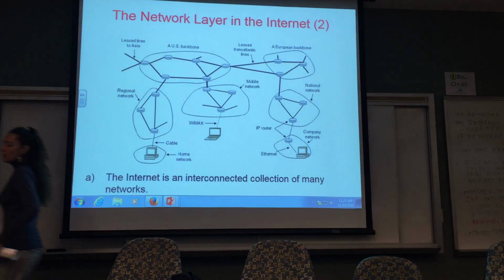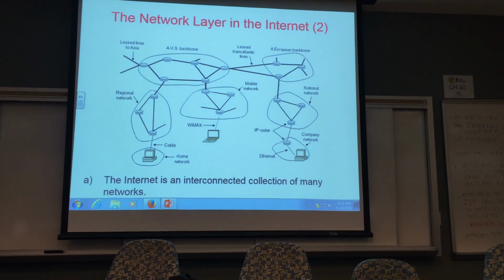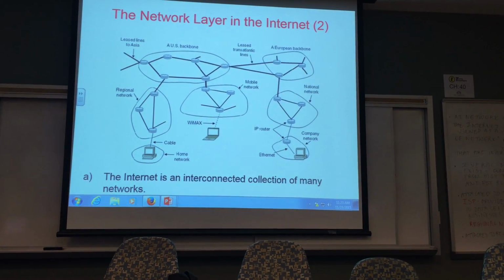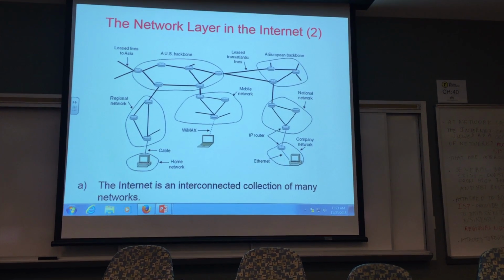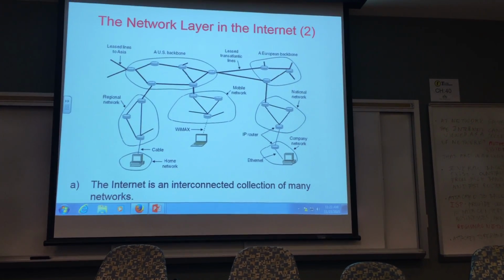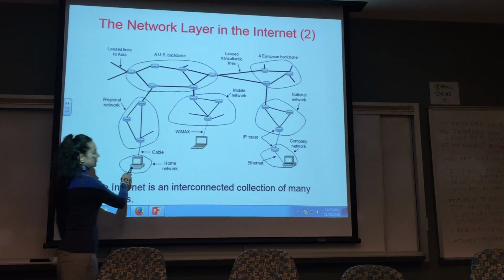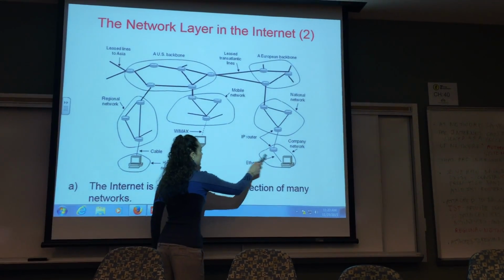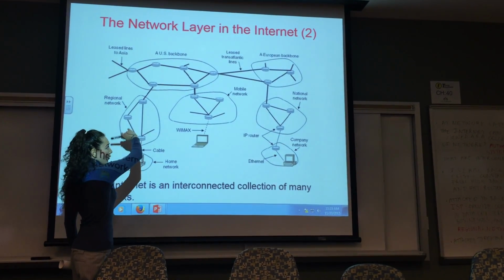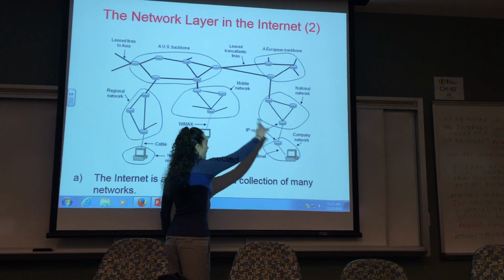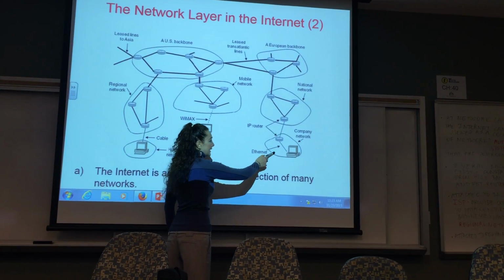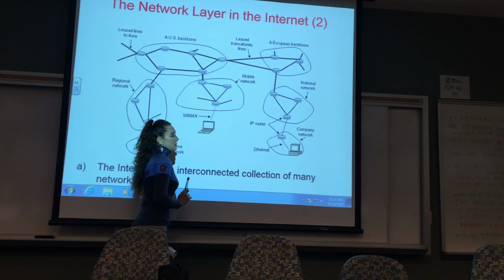So all of these are connected together, and the network layer is responsible for sending the packets from sender to receiver and passing through all of these lines and all of these routers in between until the packet reaches the destination.